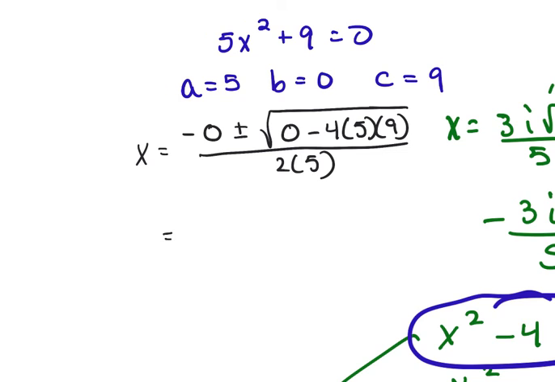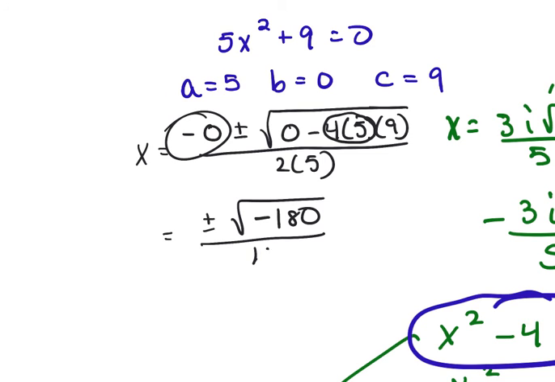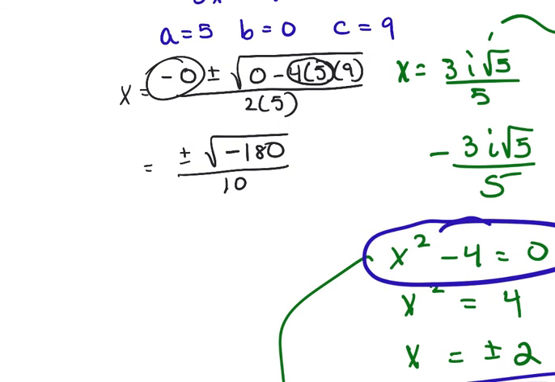So let's see if we get the same thing. Now, negative 0 is nothing. So this is just plus or minus the square root of negative, let's see here, that's 20 times 9, negative 180. You can see here, I'm going to have to poke an eye out. And this 180, I'm going to factor it as 36 times 5.